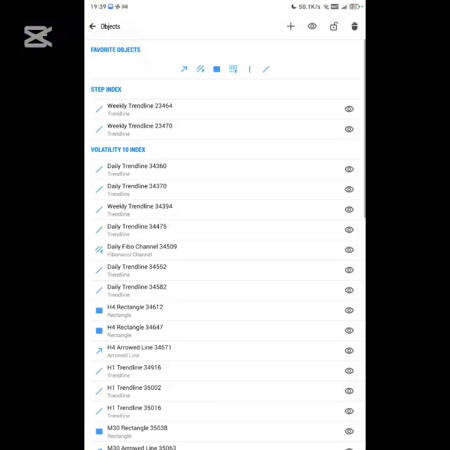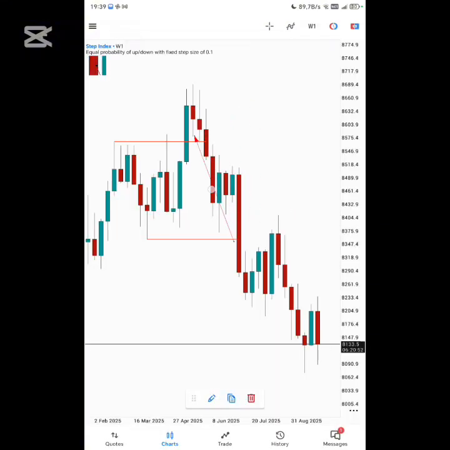And the reason I'm not using this here as a break of structure is because you can see it's an internal structure. We made this high, went down, and we wiped instead of breaking. Then we went down, then back up, then we broke structure. This candlestick then down. As you can see, there's an order block for this break of structure.